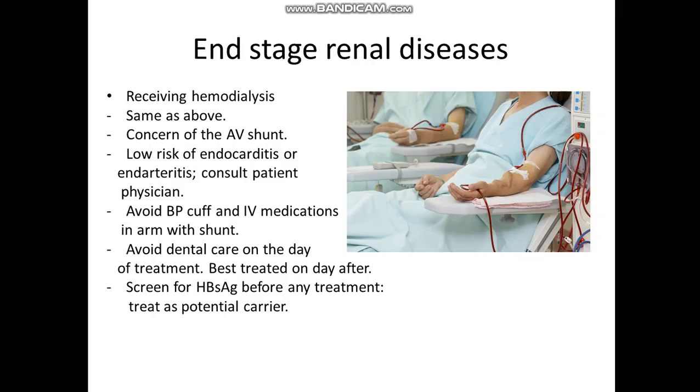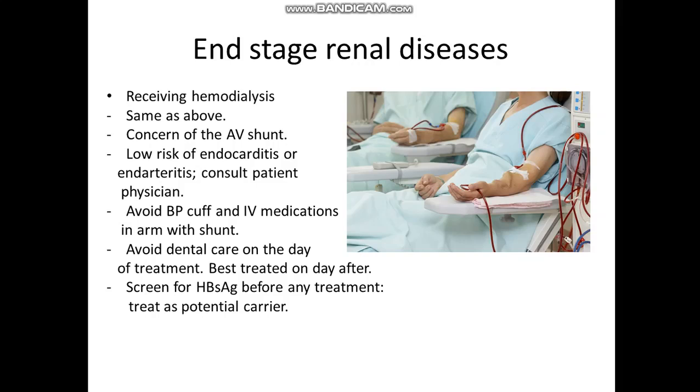So here also we have to be concerned with the arteriovenous shunt. This is the arteriovenous shunt, which is used to plug the patient into a machine. Here, the blood will be filtered artificially by a machine because the patient has renal failure, meaning the kidney has lost its function.